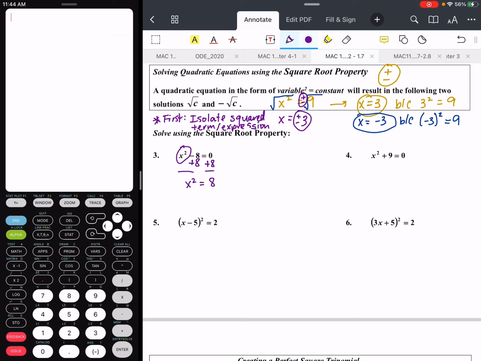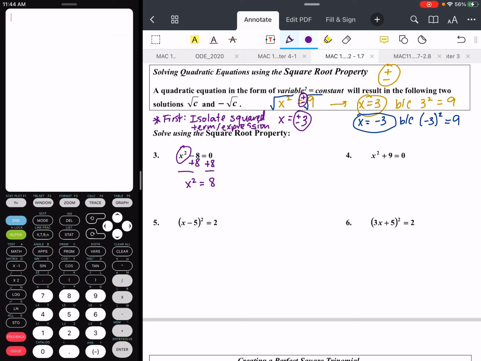But when I take the square root of the constant, that's when I tack on that plus or minus. x equals plus or minus. And then when I take the square root of negative 9, because of that negative under the square root, this is when I'm going to pull out my i. I know the square root of 9 is 3, and with that negative 9 under the square root, it's actually going to be 3i. So plus or minus 3i.